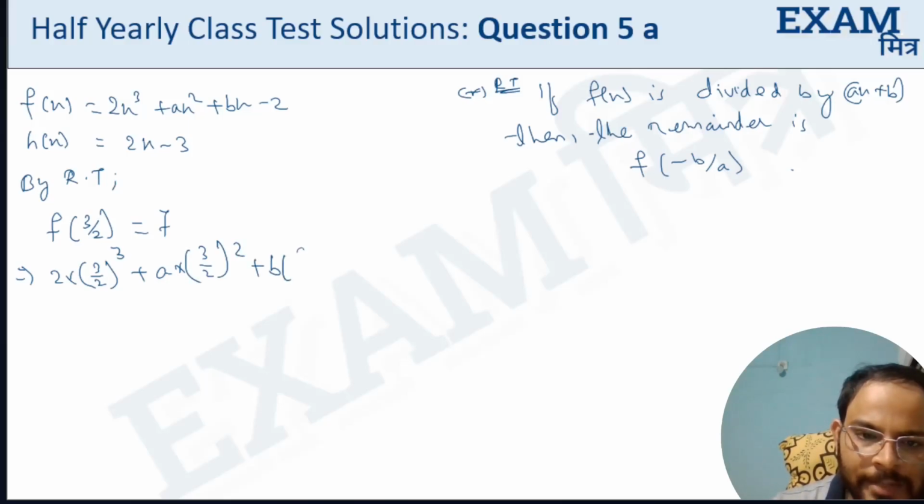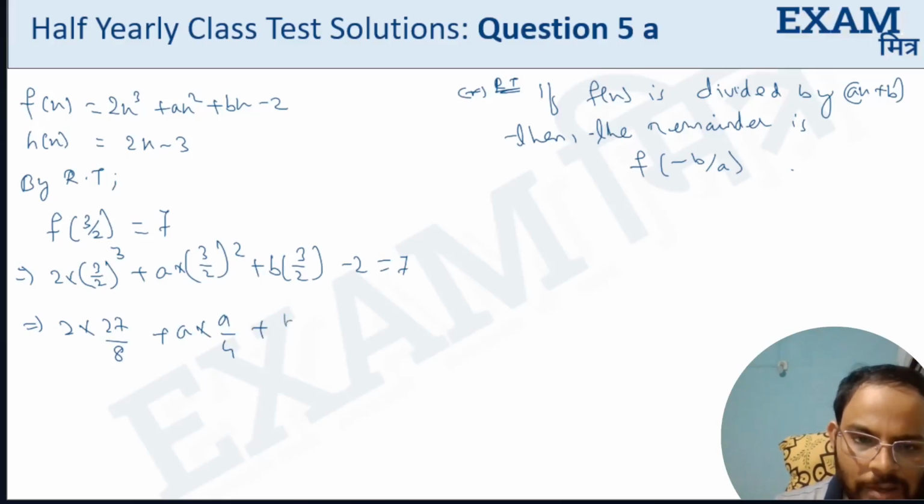plus b times 3 by 2 minus 2 must be 7, and this is 2 times 27 upon 8 plus a times 9 upon 4 plus b times 3 upon 2, and I can send this minus 2 to that side, and it will become 9.